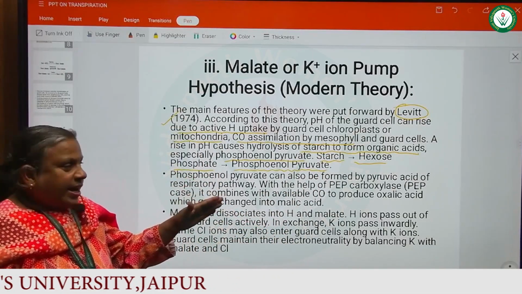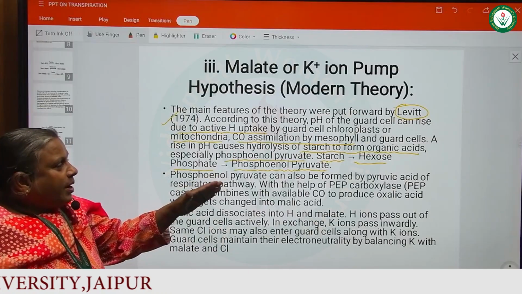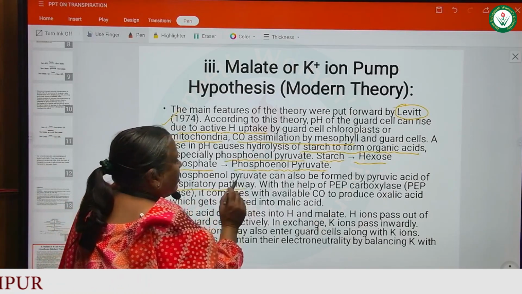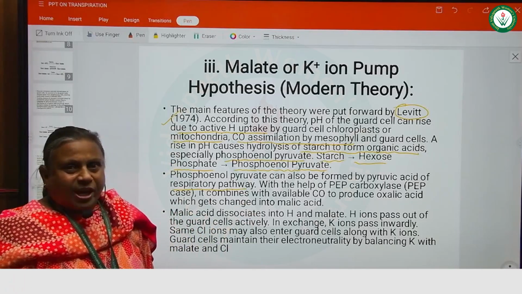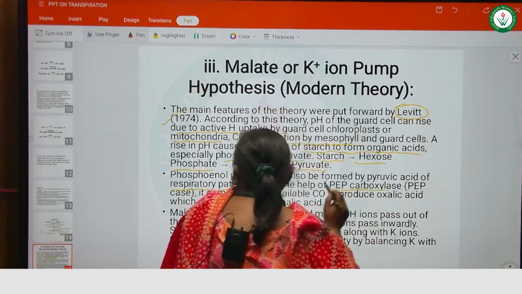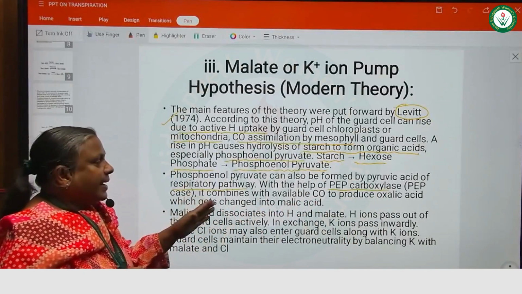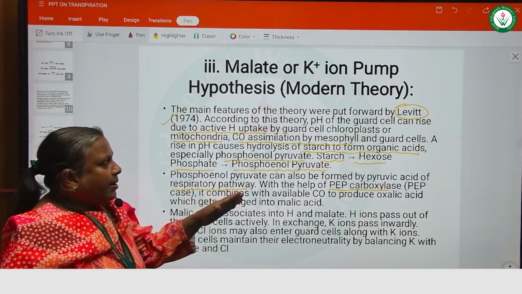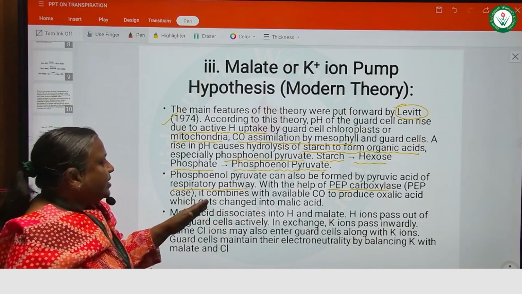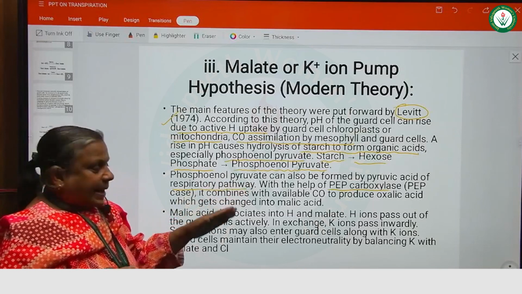Phosphoenol pyruvate can also be formed from pyruvic acid of the respiratory pathway. With the help of the enzyme PEP carboxylase, it combines with the available carbon dioxide to produce oxalic acid, which gets changed into malic acid.